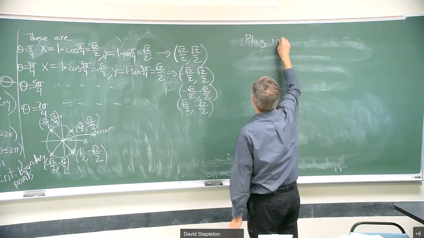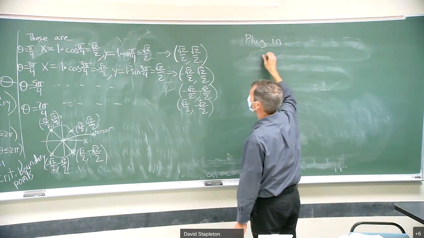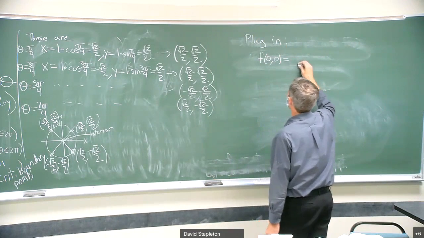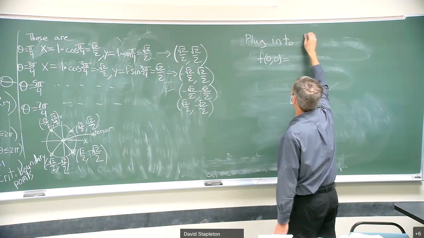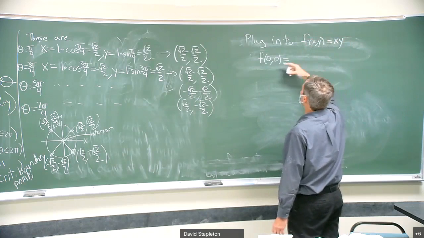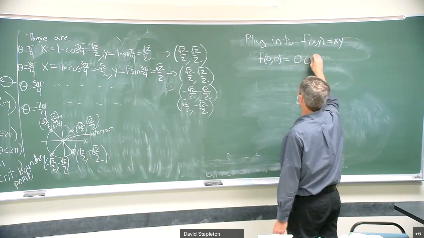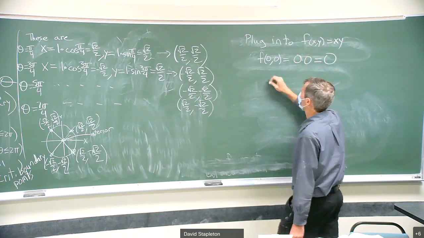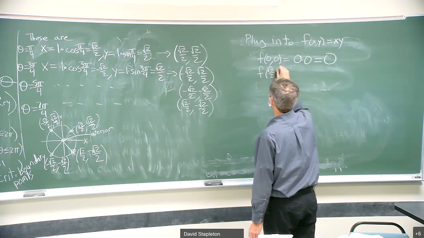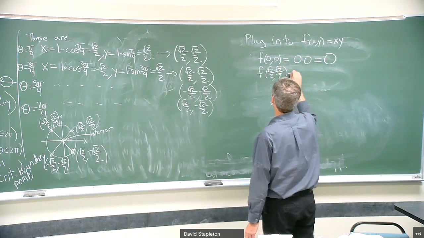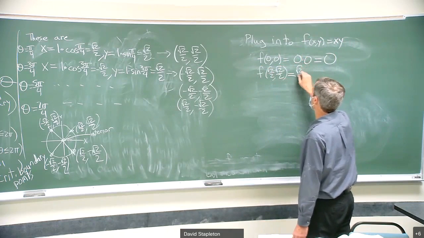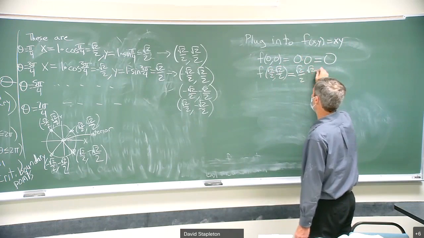Plug them in and get f of 0, 0. F is x times y. Plug into f of x, y equals x y. When you plug in 0, 0, you get 0 times 0. The value of the z coordinate is 0. If you plug in square root 2 over 2, square root 2 over 2, the critical boundary point, then x times y is root 2 over 2 times root 2 over 2, which is a half.